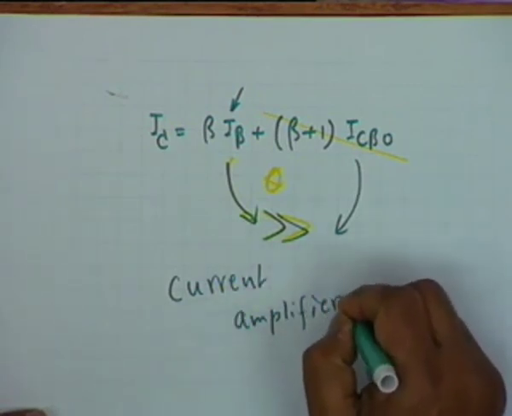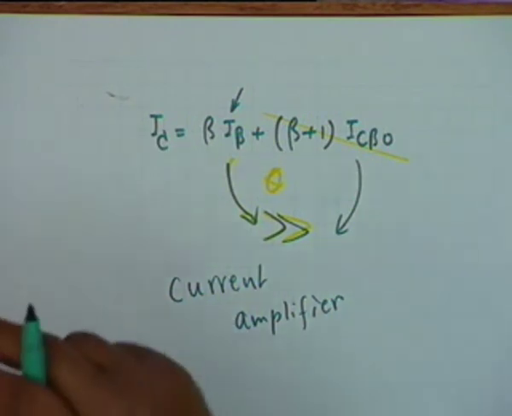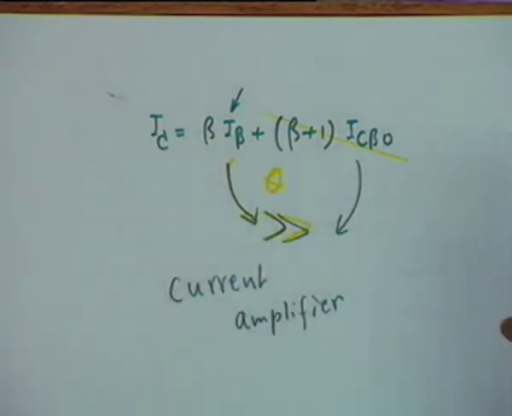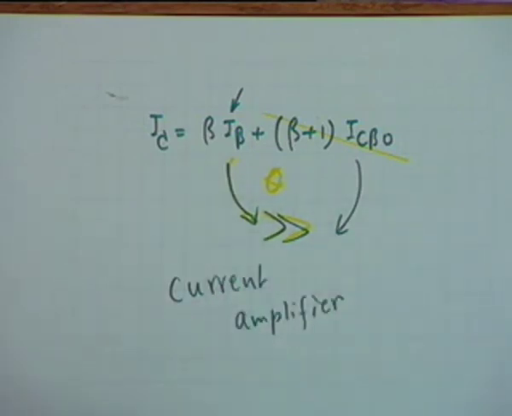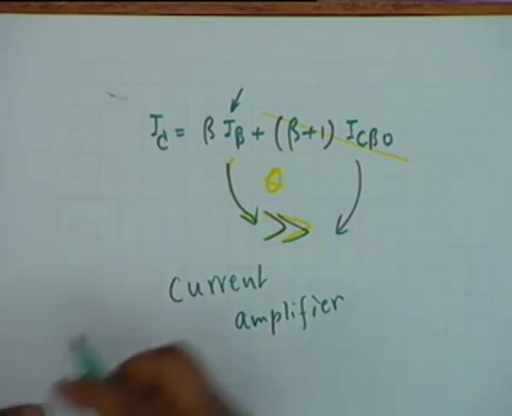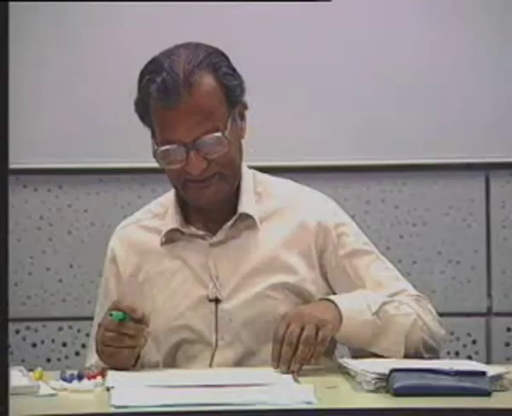A transistor in general can amplify voltages because of transfer of resistance, low current, low resistance to high resistance. A transistor in the CE mode can amplify currents by a factor of beta. Beta is alpha divided by 1 minus alpha.